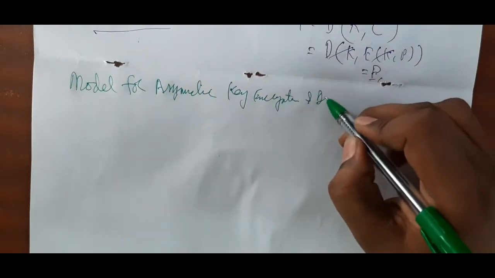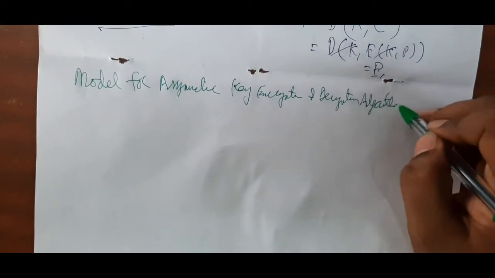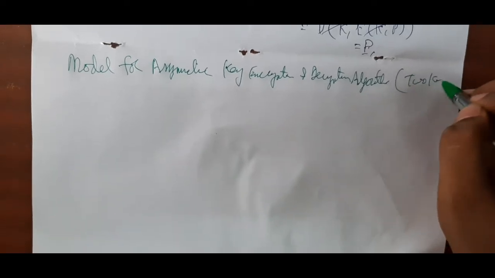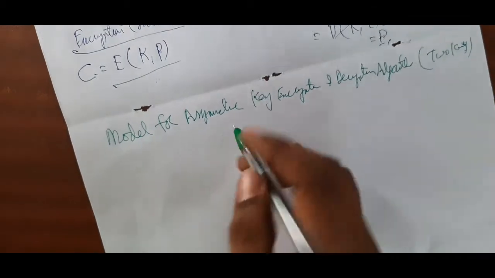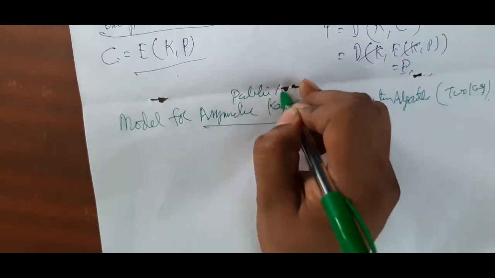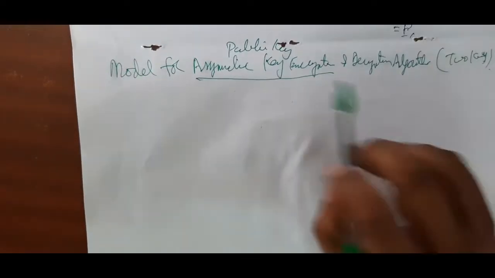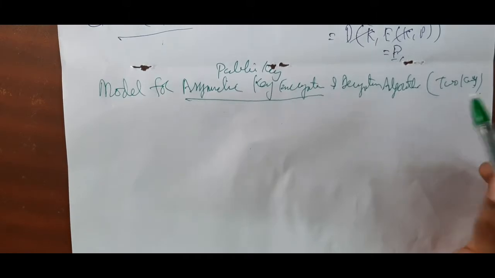and decryption algorithm. We generally call this two key, right? The two key we can also call public key, the public key asymmetric key encryption algorithm using two keys.